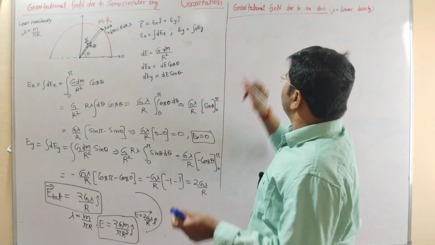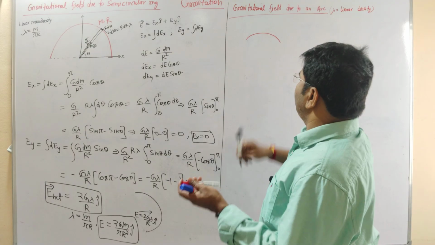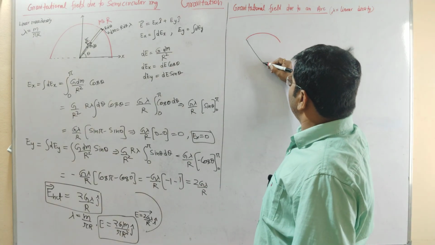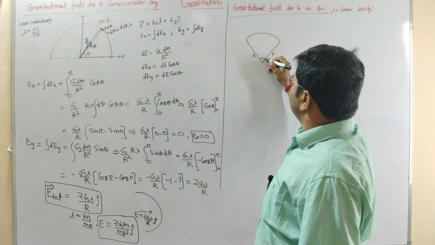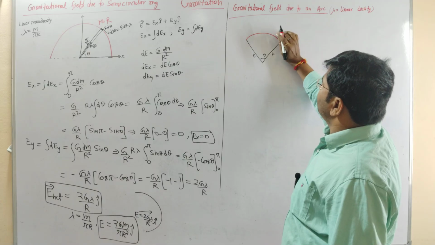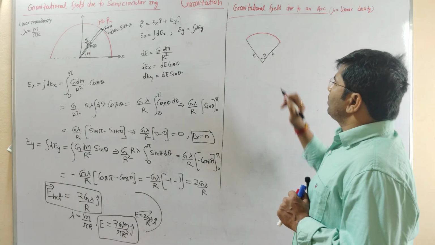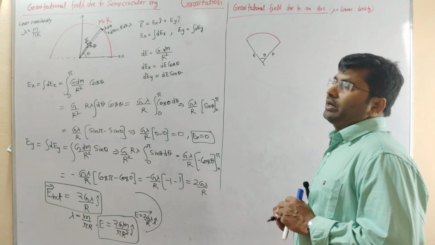So here this is r given, and this arc is making some angle at the center. This is the center, this is r, and this angle is theta. Lambda, the linear mass density, is given. We have to find out the field at this point, the center.